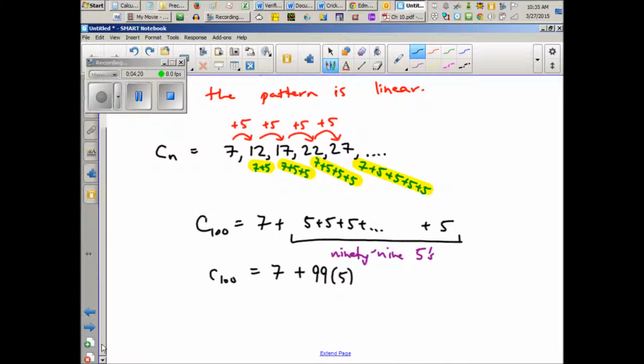So basically what we're saying is if you wanted to find any term, C sub n, you would start with 7, in other words, the first term, and then you would add on n minus 1 5s, or if it's not a 5, it could be some other difference. It could be any difference. So this, I'll use A here because the book does, is the formula for finding the nth term of an arithmetic sequence.